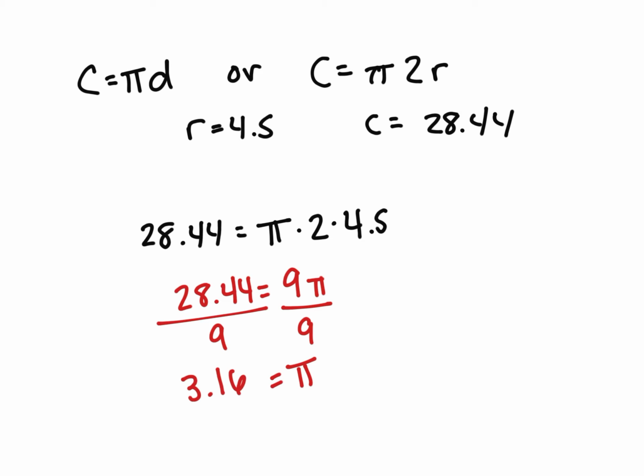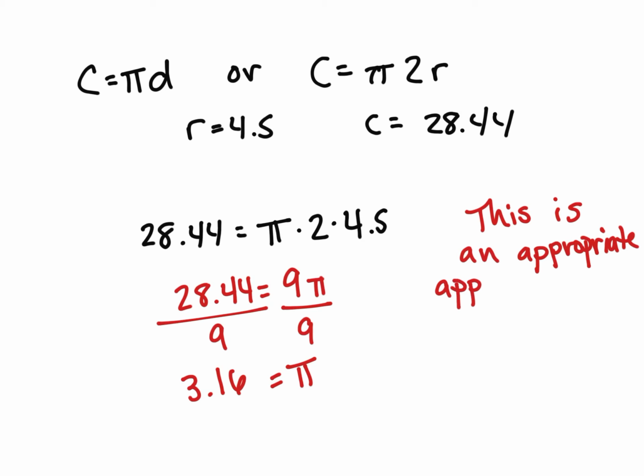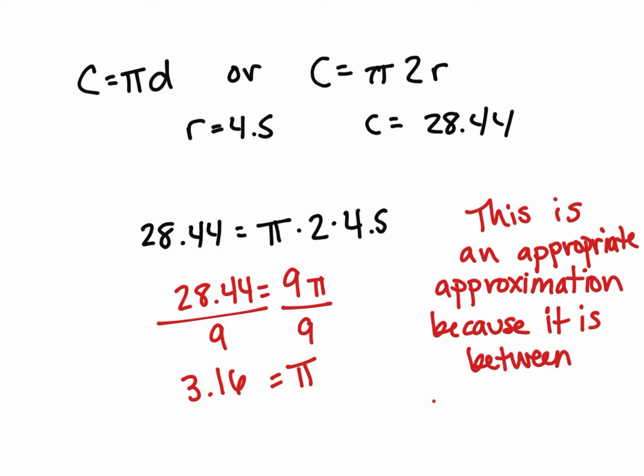And do you think this is an appropriate approximation or an acceptable approximation? You can say something different or you can disagree with me, but I think that this is an appropriate approximation because it is between 3.1 and 3.2.